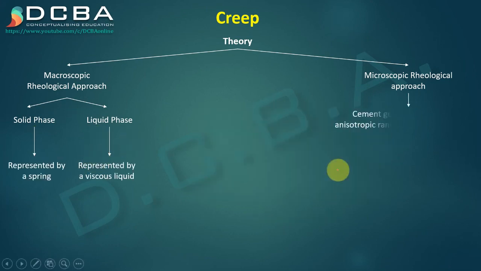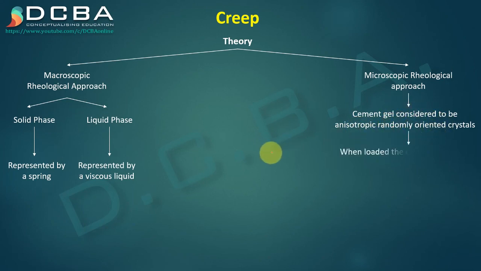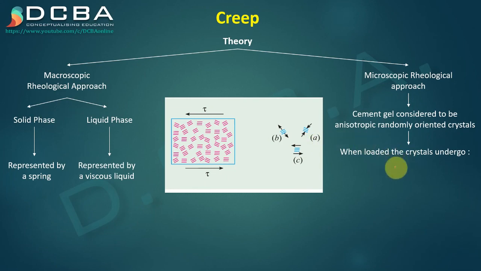The second is the microscopic rheological approach. In this, cement gel is considered to be anisotropic, randomly oriented crystals, and when loaded, the crystals undergo deformation. So what this approach considers is that this cement gel is a randomly oriented structure, and when it is subjected to stresses, three types of deformation will happen.